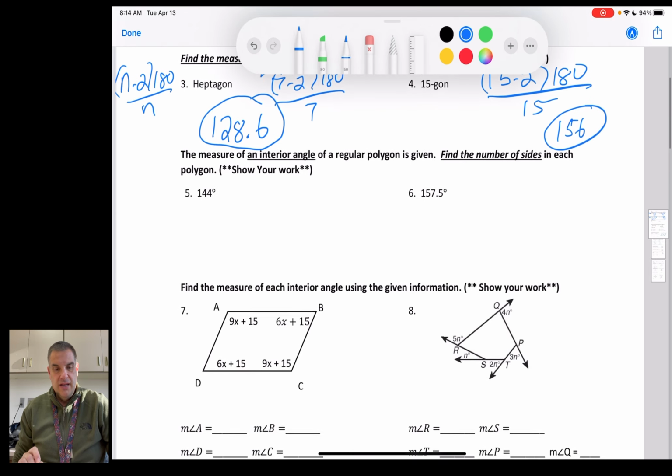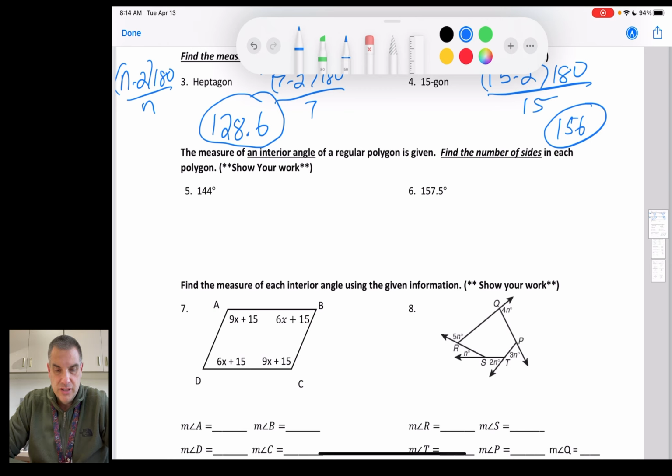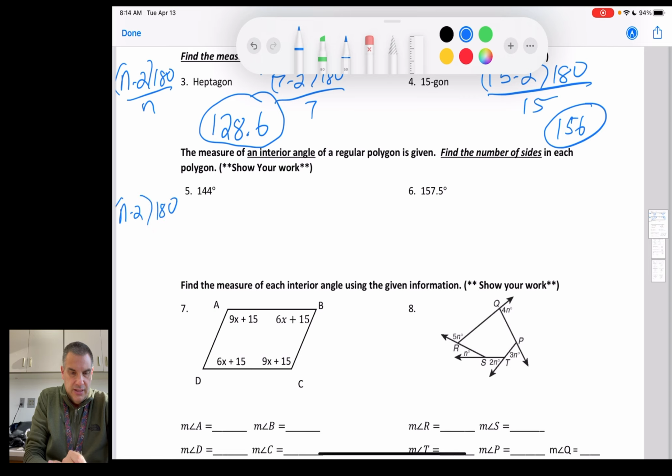For number 5, it says the measure of an interior angle of a regular polygon is given. Find the number of sides. So now we're going to use this n minus 2 times 180 divided by n. But now it's going to equal the measure of our angle, because remember up above, that's what we found. So now we solve.